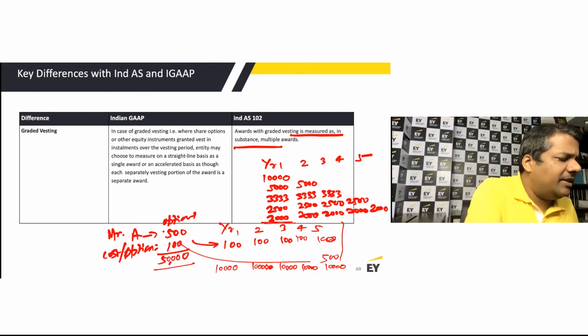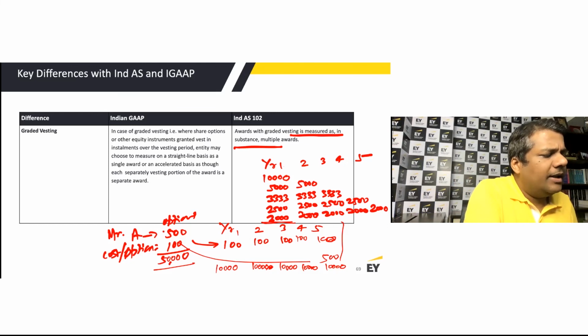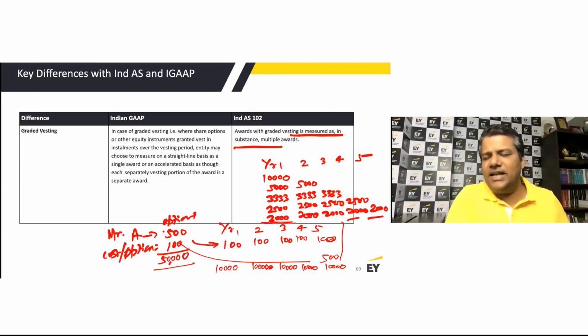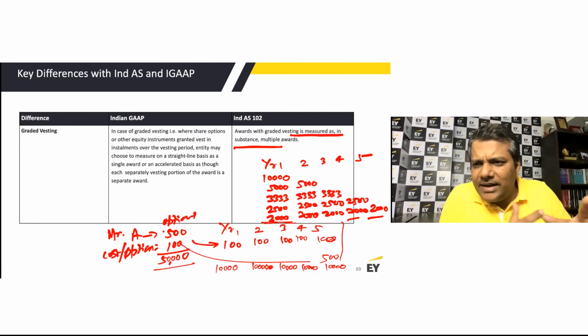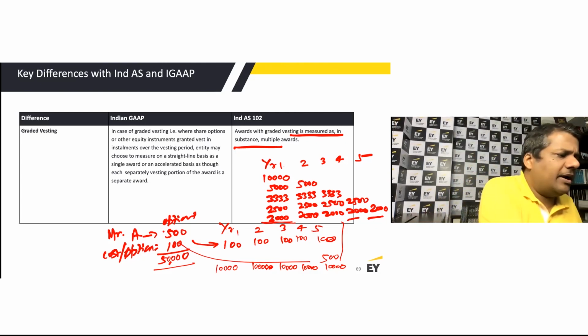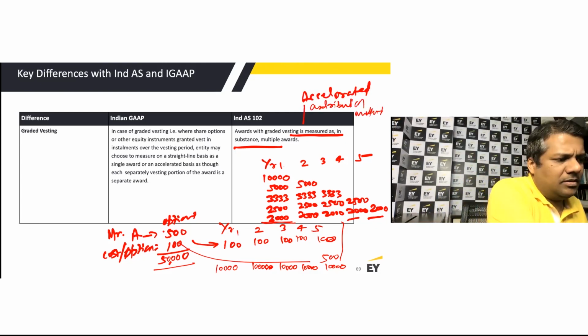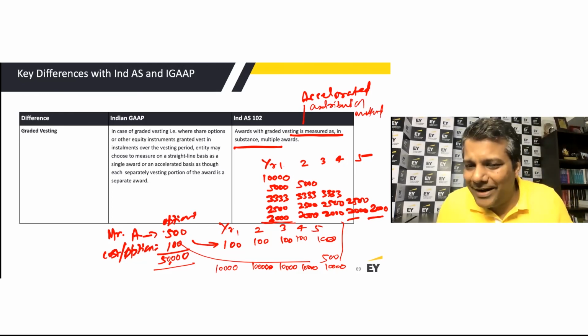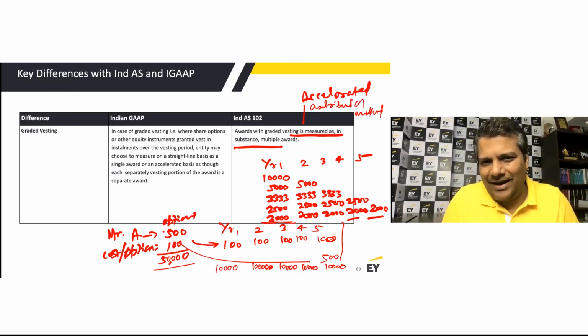That is how you determine it. So in year 1 your total cost is this, in year 2 this, year 3 this, year 4 this, year 5 this. This is called the accelerated attribution method. That is what is required in the case of a graded vesting.